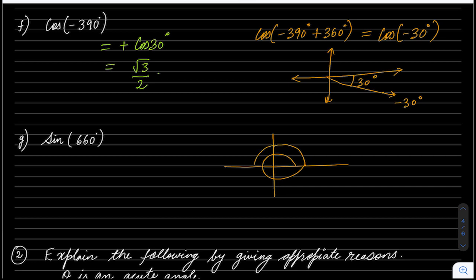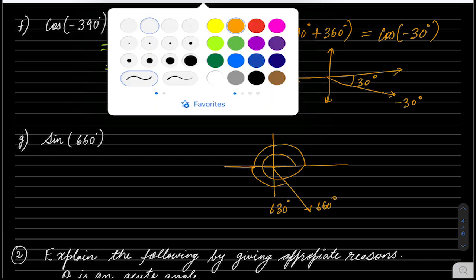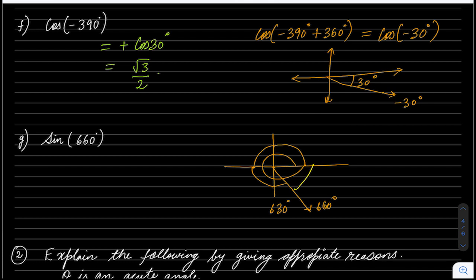Then again you go, this is 450, this is 540, and then this is 630. So this is my 630 angle. And then I have to go 30 degrees more, and then I will reach 660. And this horizontal angle, in this case, will be 60 degrees.